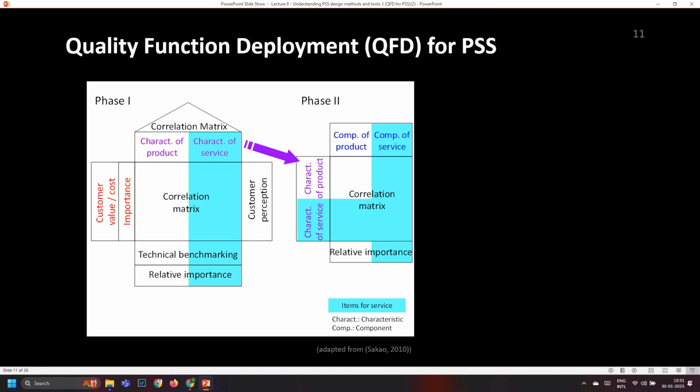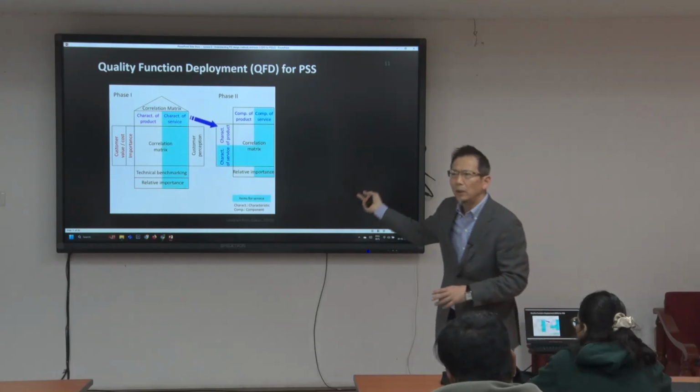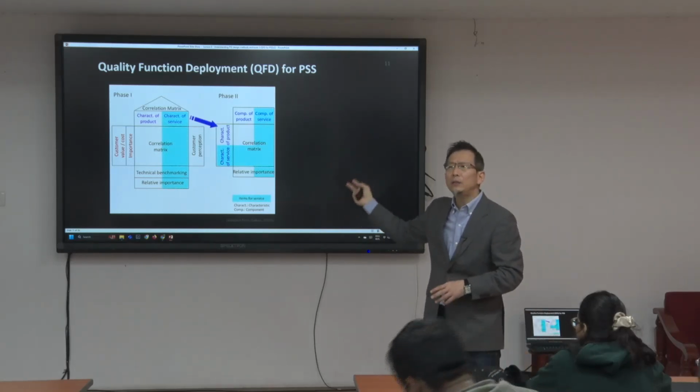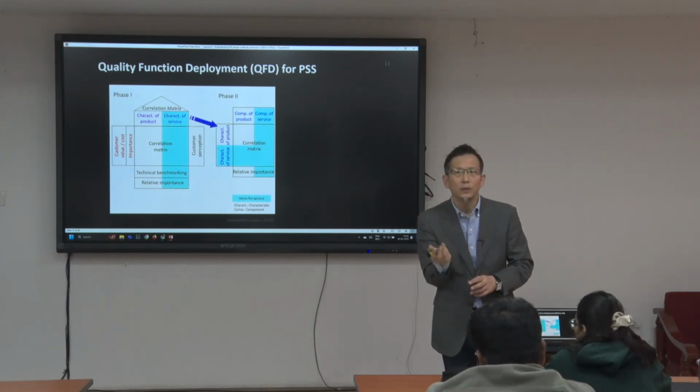And phase 2 aims to correlate the design characteristics and the components of the products and services. Any question for this? If you know traditional QFD, then I think you will rather easily understand. So the extension is the addition of the service aspect.